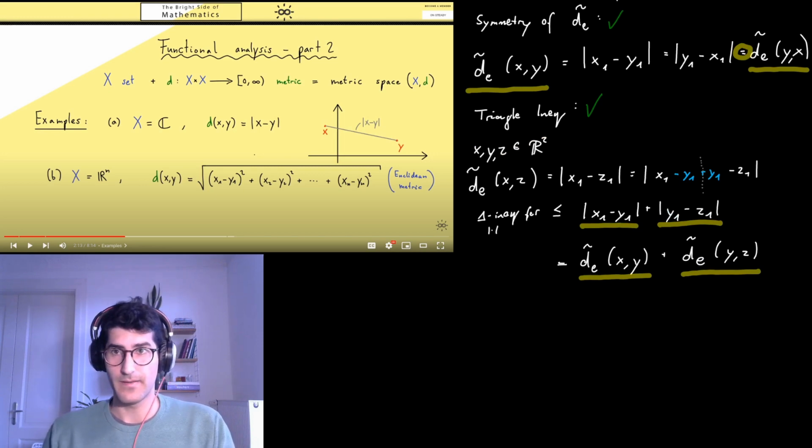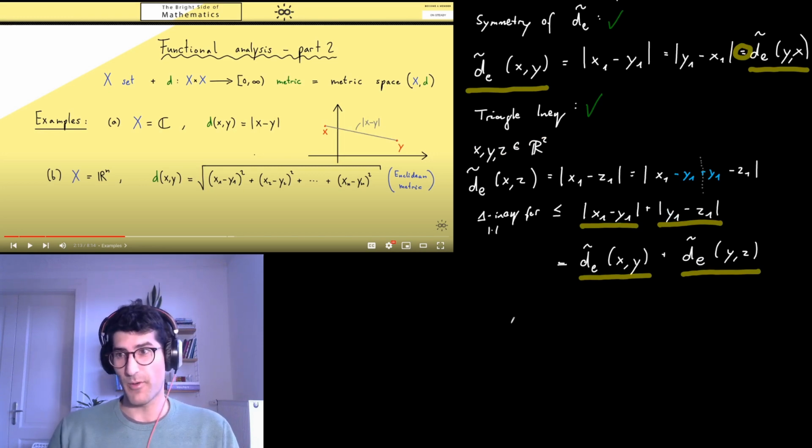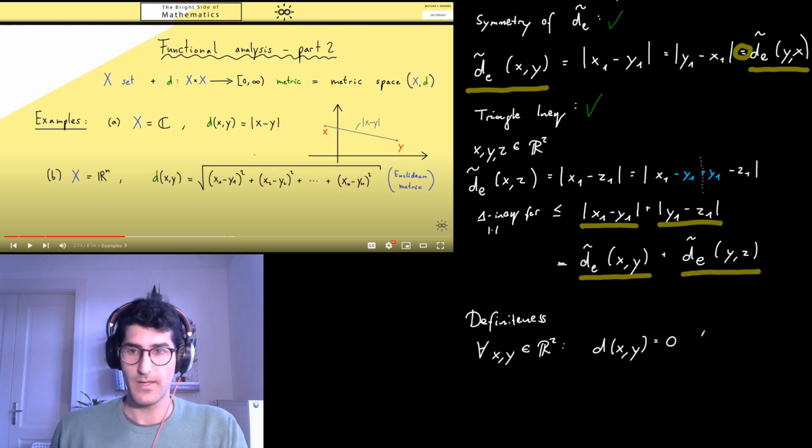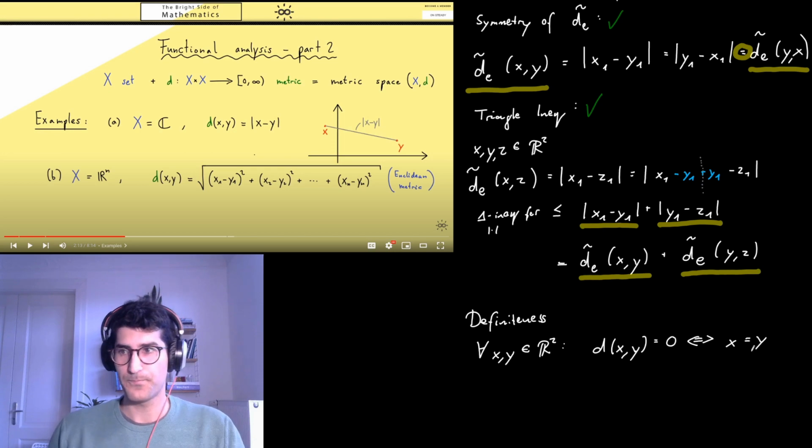So now let's come to the third of 3 properties that we need to check for a metric, which is definiteness. So for definiteness, we need to show an equivalence. Let's recall the equivalence for definiteness. It tells us that for all x and y of our space R2, we have that d of x and y equals 0 if and only if x equals y.